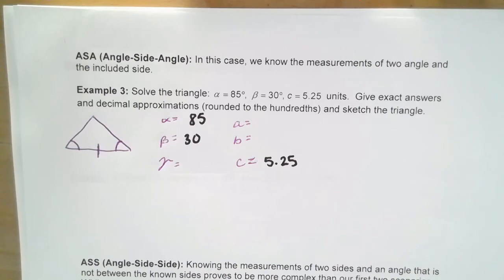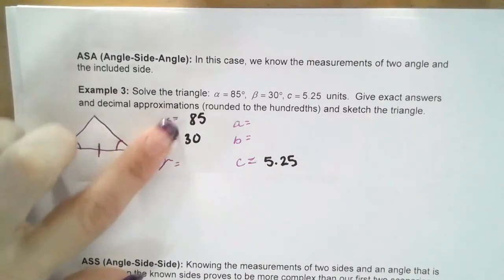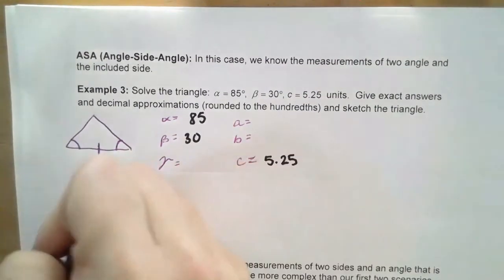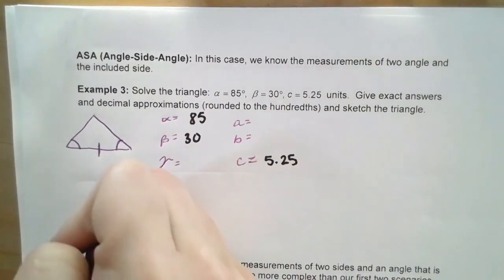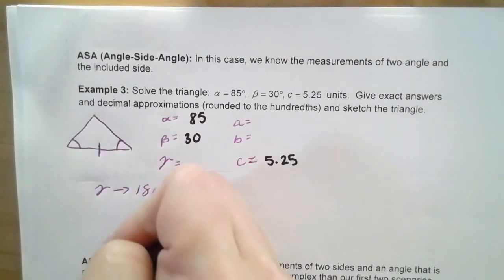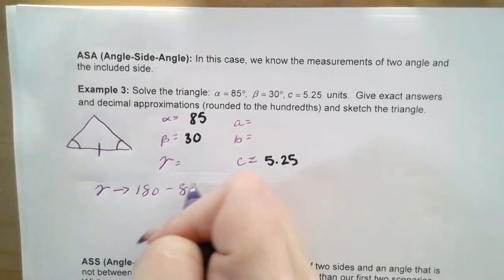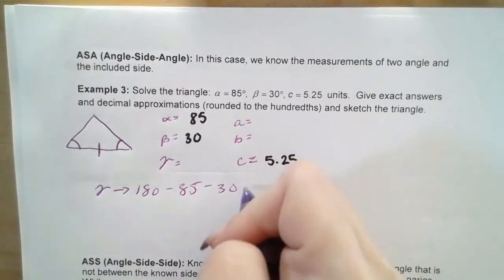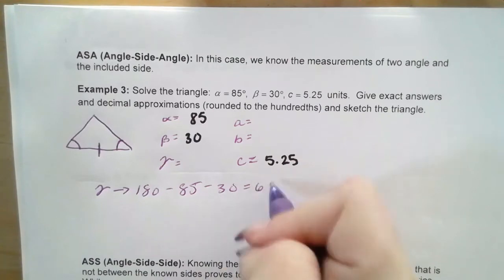In the same position as example 2, we are able to solve for gamma by knowing that these three angles should add up to 180. So I go 180 minus 85 minus 30, which equals 65.